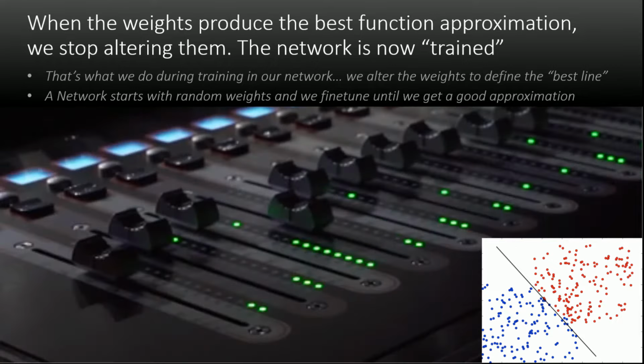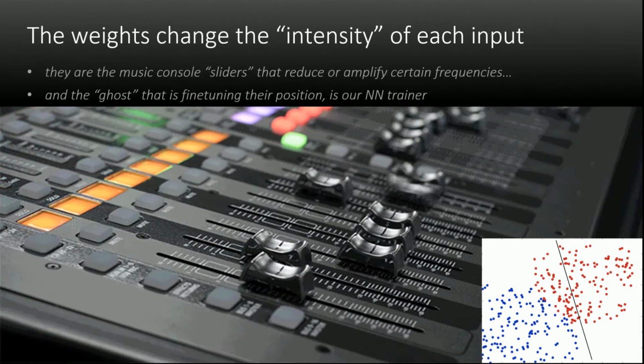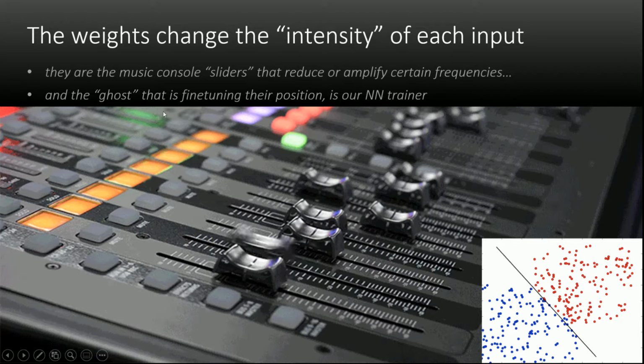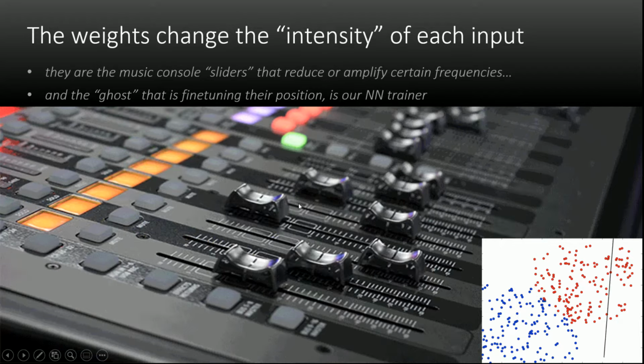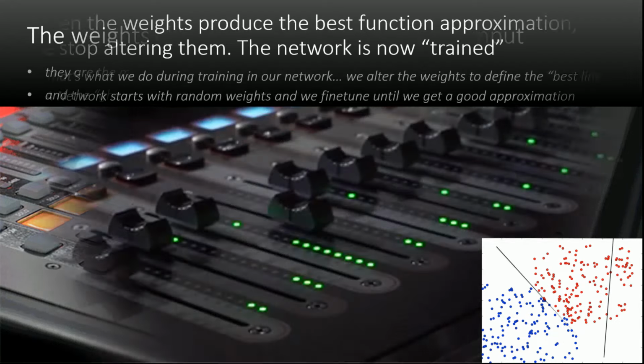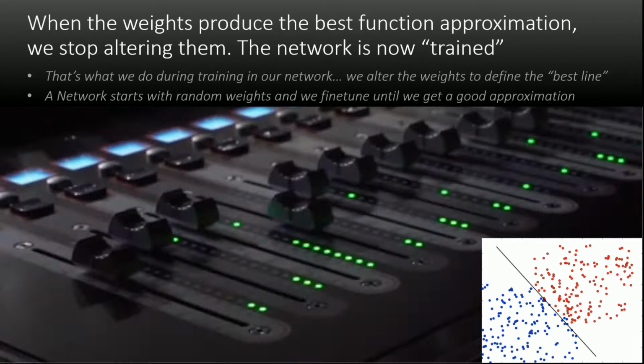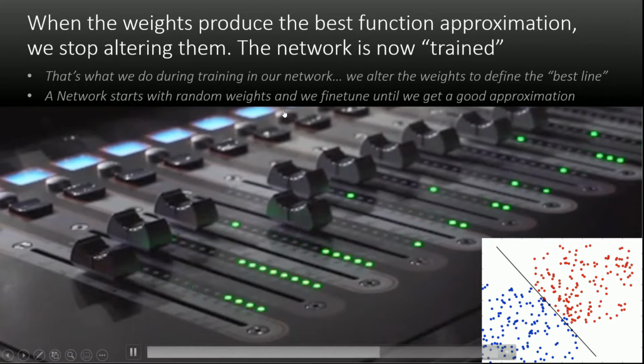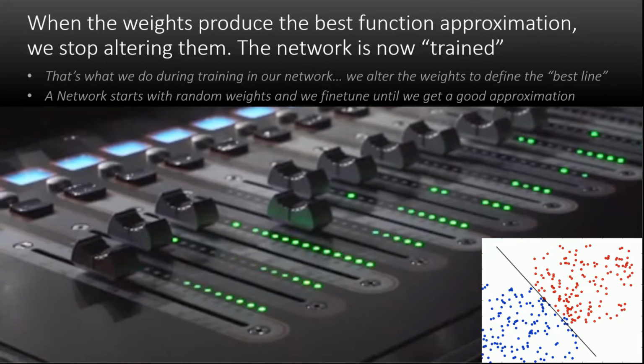And if I go back again here, the ghost that is moving those sliders during the training is our neural network trainer, all right? So as I said, when the trainer is done, we leave the weights intact the way they are, as we have now the best possible approximation. So let's visualize this further with a live example.